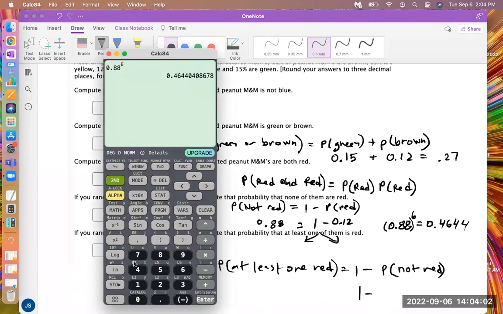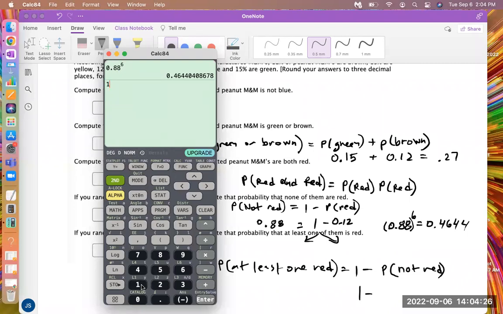I would take this now and go 1. Oops, first I need to get out of that. I'm currently in this number up there, which I don't want to be, and I think it's because I didn't press enter. Okay.